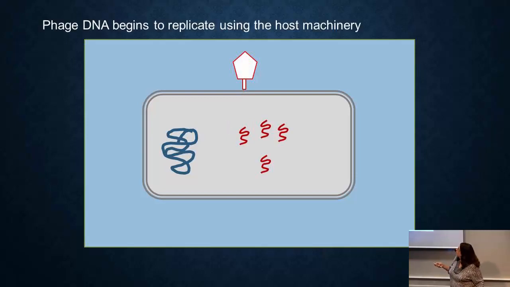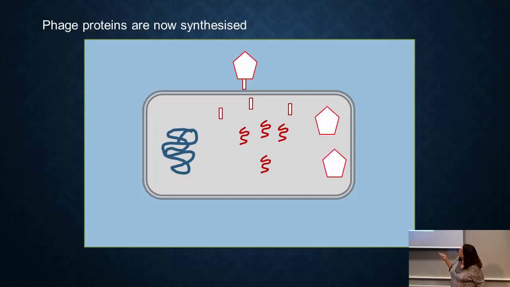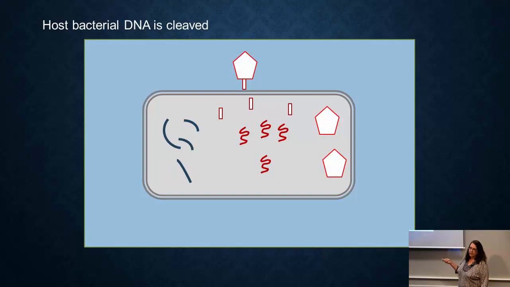Then the DNA will start to replicate, and you make more copies of the DNA. You then start transcribing RNA from this DNA and making proteins. You make all the proteins, you've made all the DNA. What then happens is many phage are cruel, and they actually chop up the host DNA, so the bacteria's DNA.